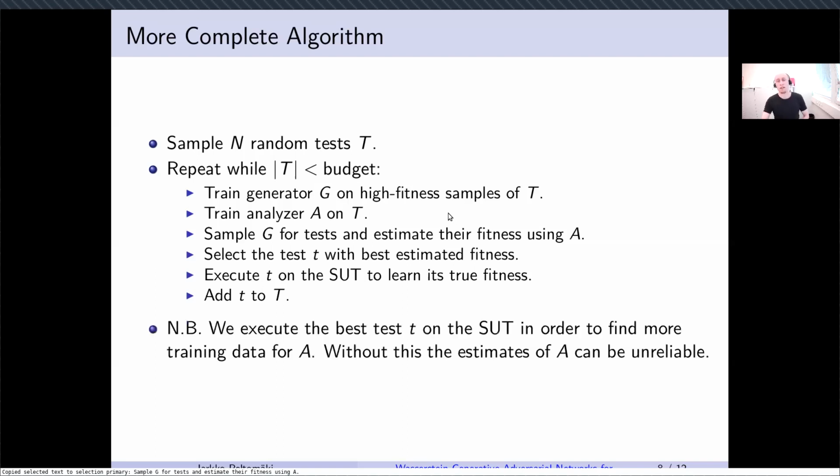An important point is this line: we really need to execute the selected test on the SUT to learn its true fitness, because otherwise the training data we use for the analyzer could be garbage and unreliable. So that's very important. We don't get stuff for free. That's the point.